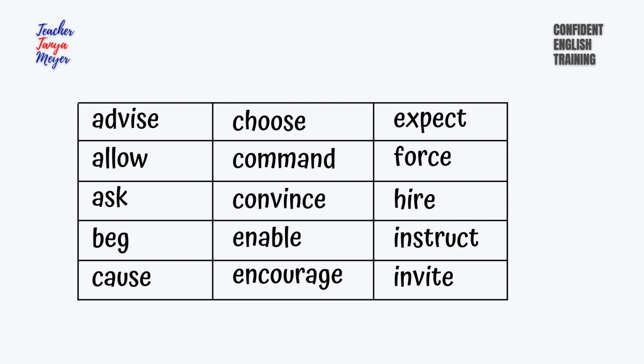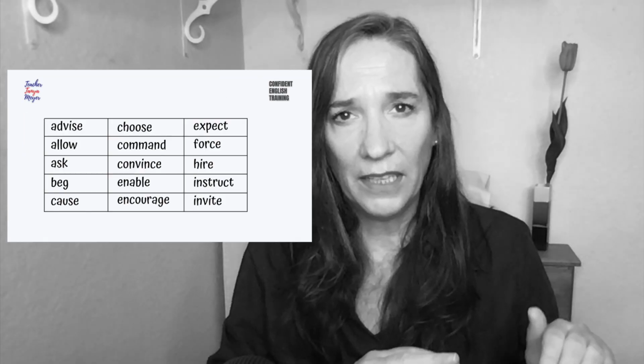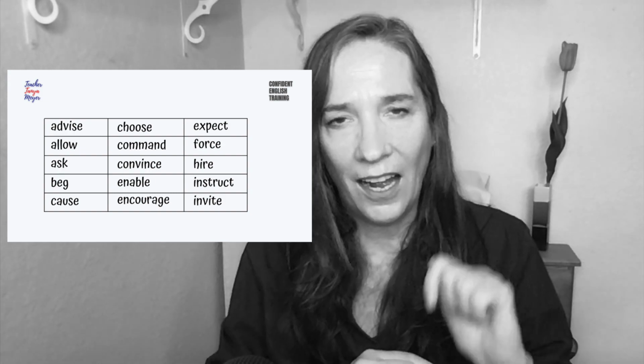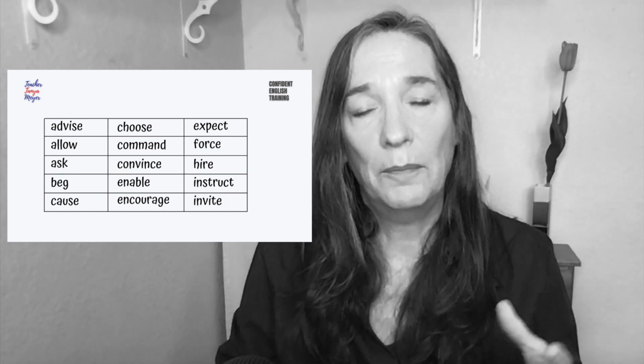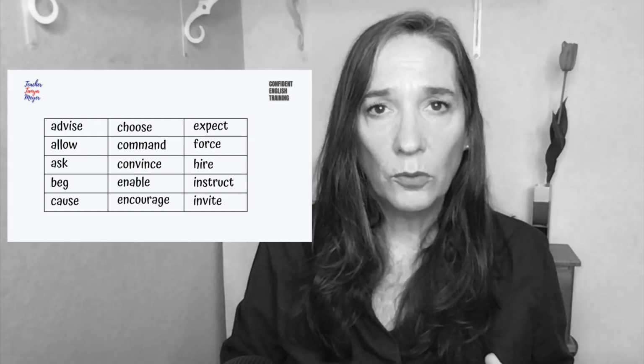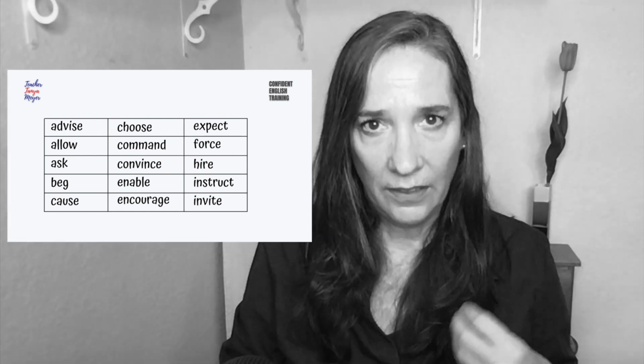Okay, so here we go. The verbs advise, allow, ask, beg, cause, choose, command, convince, enable, encourage, expect, force, hire, instruct, and invite. All of these common verbs in alphabetical order from A to I use this same pattern. So why don't we look at examples?